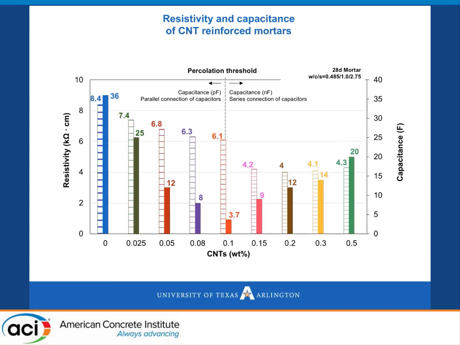We can observe that capacitance values of the 0.15, 0.2, 0.3, and 0.5 mortar mixes are up to 5 times higher, respectively.